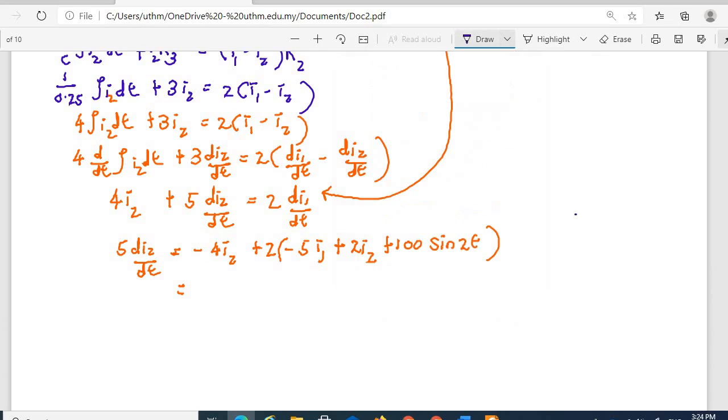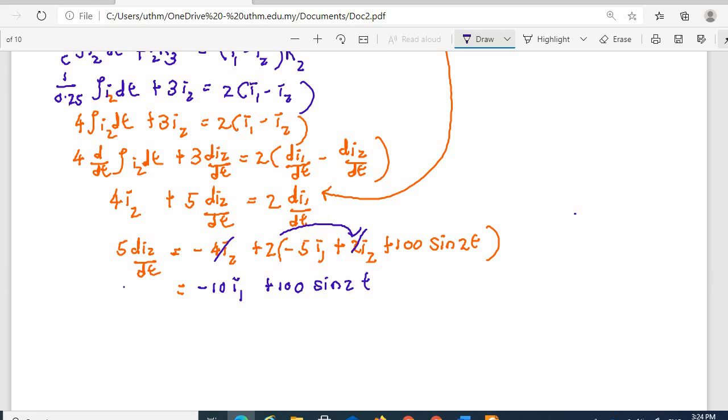Notice here, this negative 4I2 and 2 times 2 gives positive 4I2, so they cancel. So you just get negative 10I1 plus 100 sin 2t.